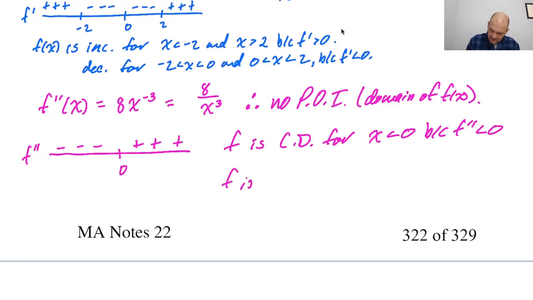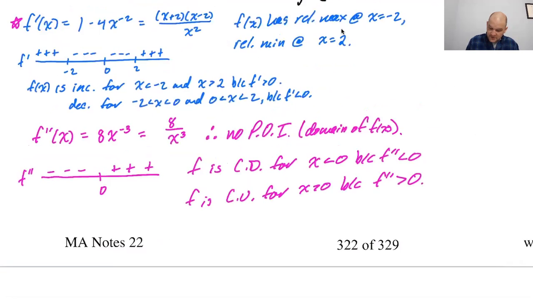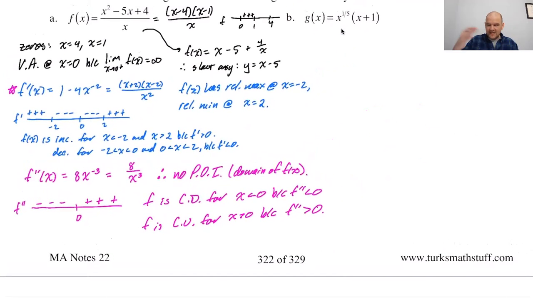And f is concave up for x greater than 0 because f double prime is greater than 0. Okay, we also could use the second derivative test on our maximums and minimums because we ended up finding the second derivative and talking about it.